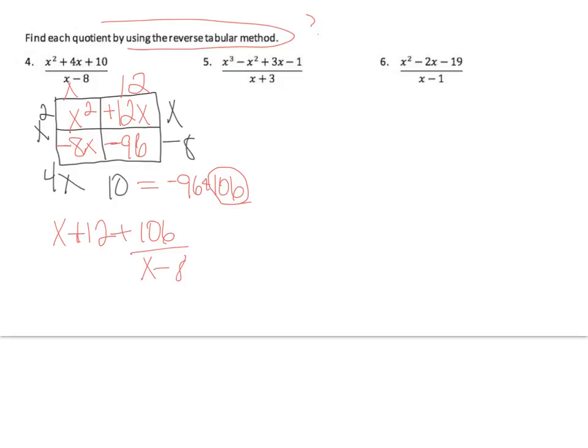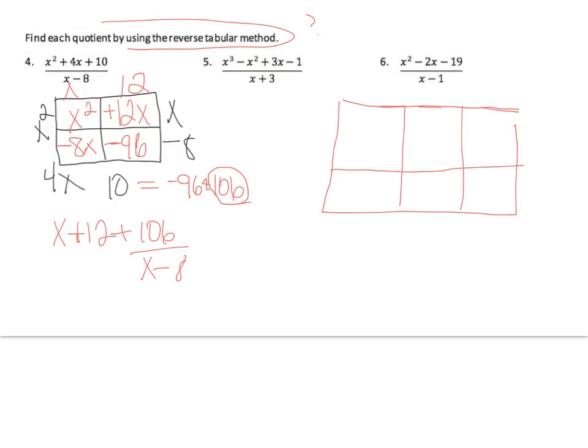Let's try the next one. I can already tell number 5 I'm going to need a new slide for. Okay, x cubed, negative x squared, 3x, and negative 1, over x plus 3.